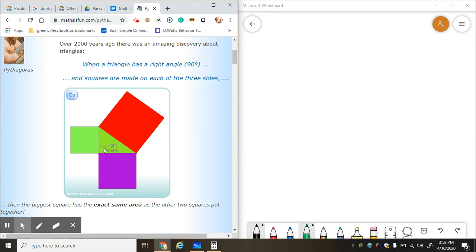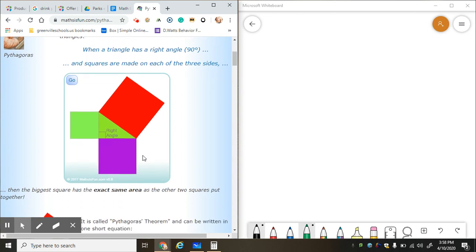It's always across from the right angle. And then the legs are attached to the right angle. So if you take the area of the two leg areas, it's going to equal the hypotenuse area.